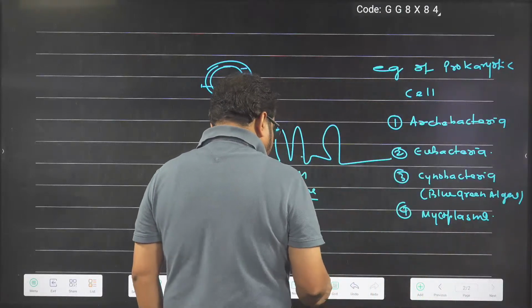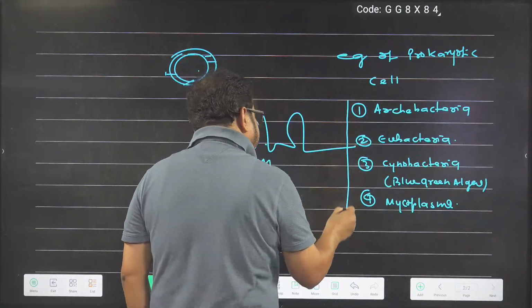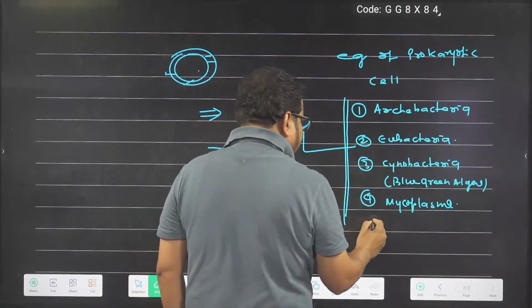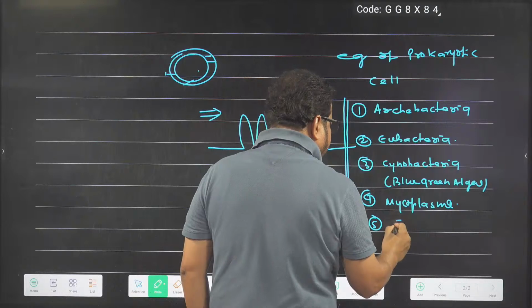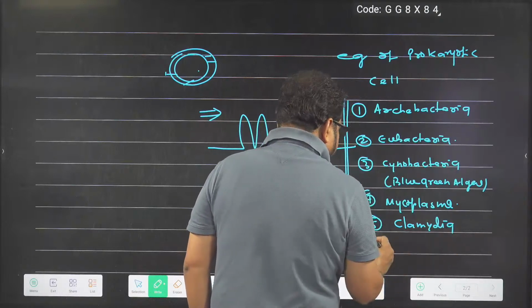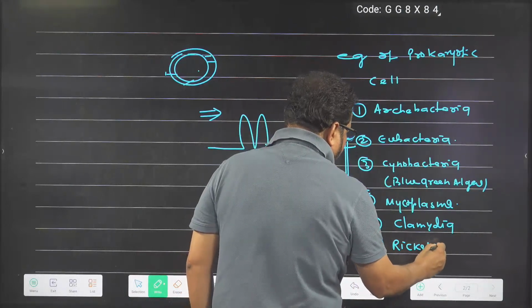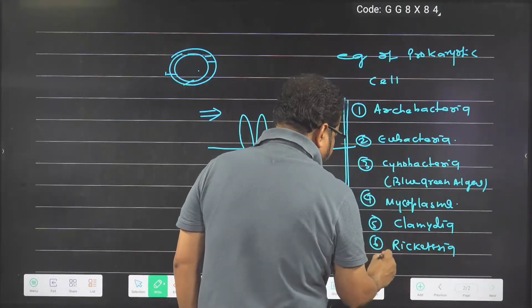Got the idea? So these are some examples of which one? Prokaryotic cells. Many more are there. If you want to know more, you can write Chlamydia, Rickettsia, Spirochete.